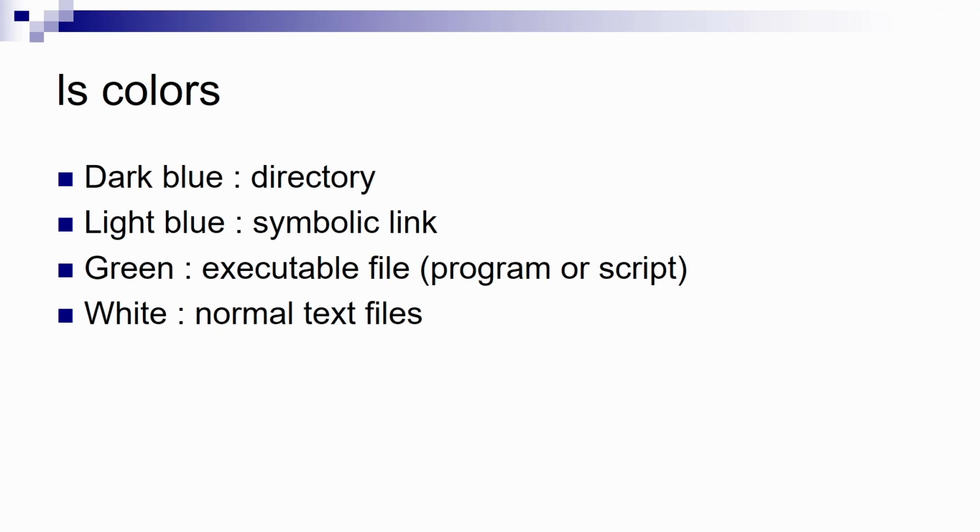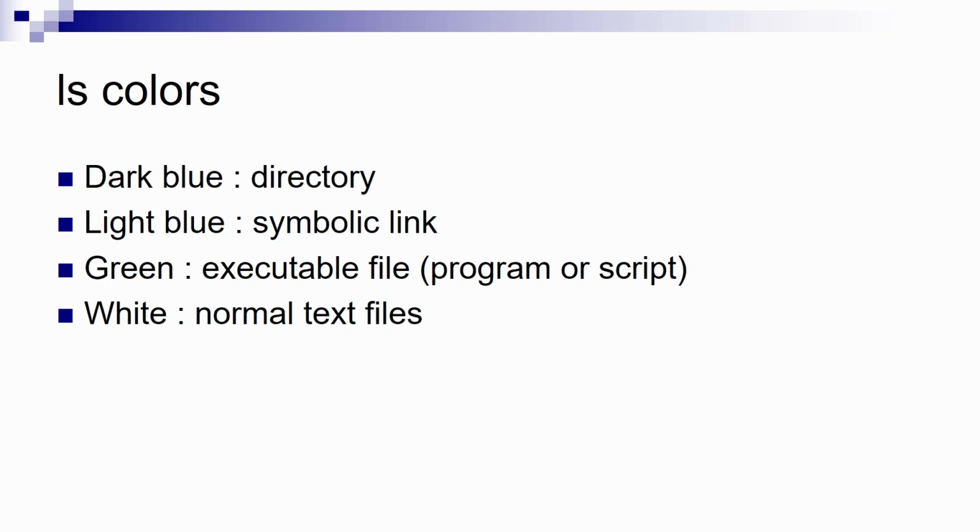Now let's talk a little about what we saw. So first, the primary colors that you will see in the ls command are dark blue, which represents a directory, light blue, which represents a symbolic link, which, like I said previously, is very similar to a shortcut in Windows.